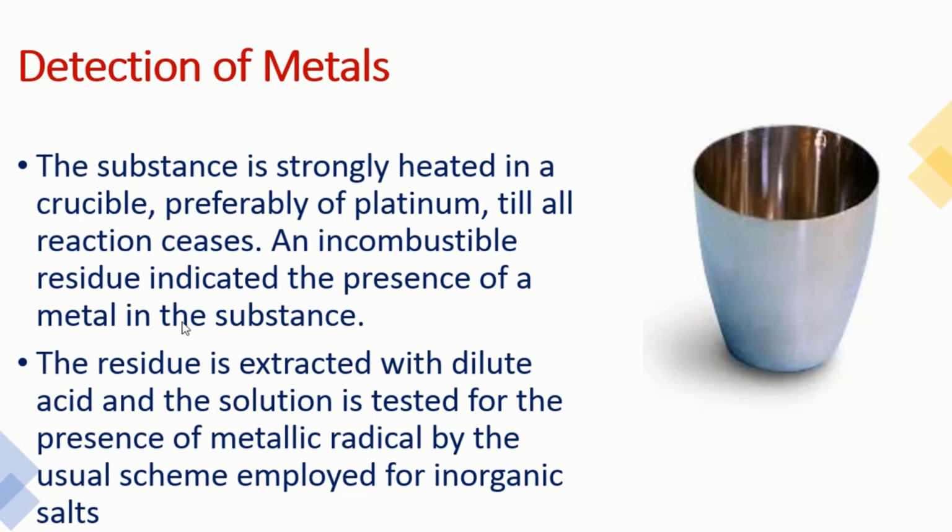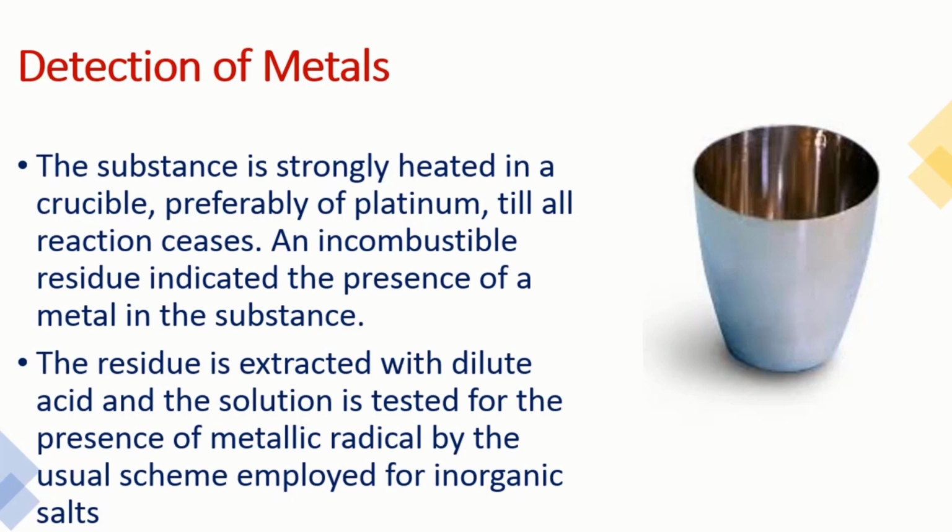That residue shows the presence of metal. Then this residue is extracted, meaning we add some acid and water, and we perform the tests for metallic radicals by the usual scheme used for inorganic salts, for example sodium ion, potassium ion, and so on.